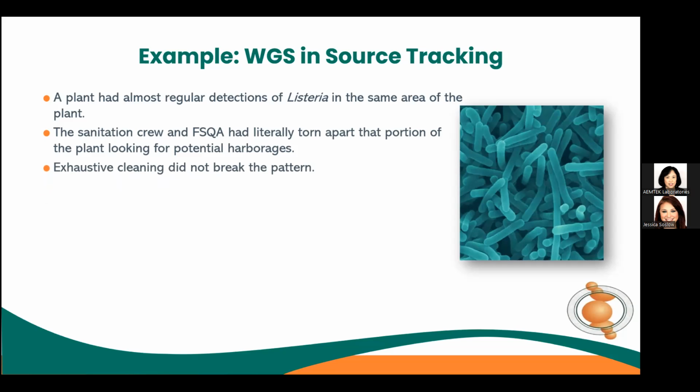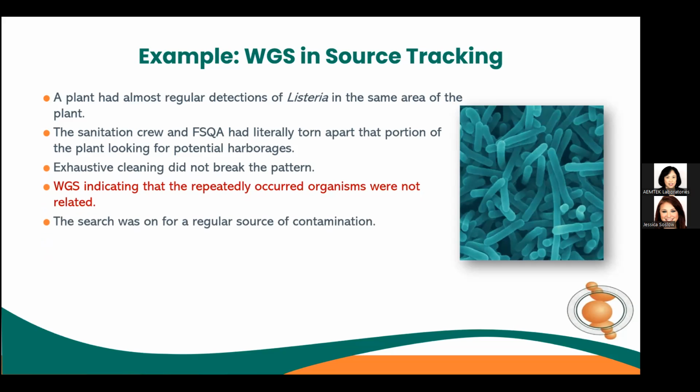They did exhaustive cleaning, but did not break the pattern. That's when they sent the strain out. They collected the samples, isolated the pathogens, and had a lab perform the whole genome sequencing analysis, and the result indicated that the repeatedly occurring organisms were not related.